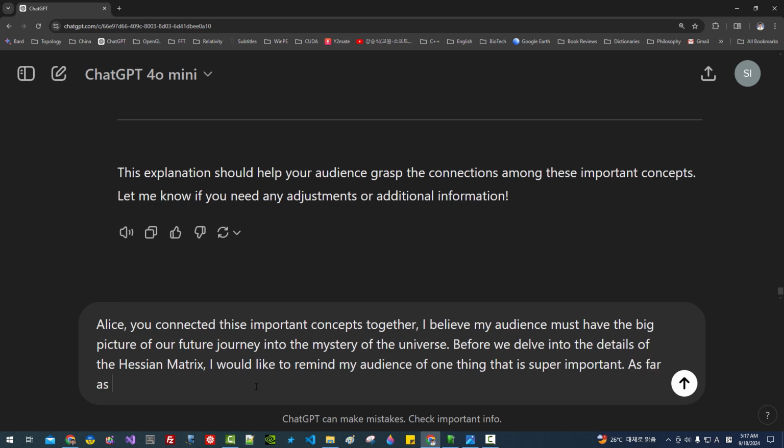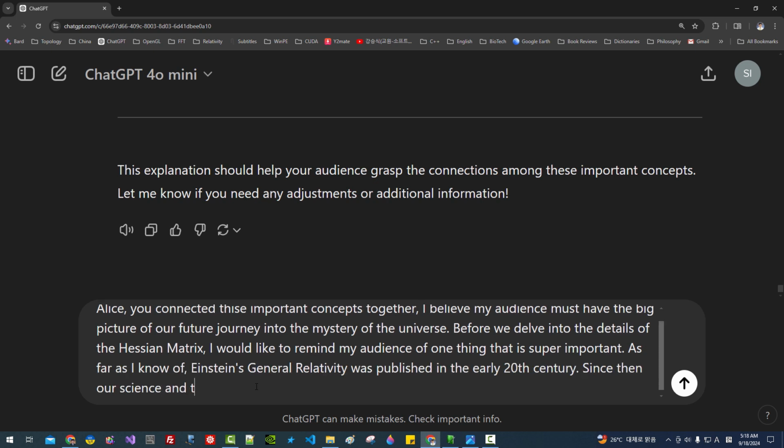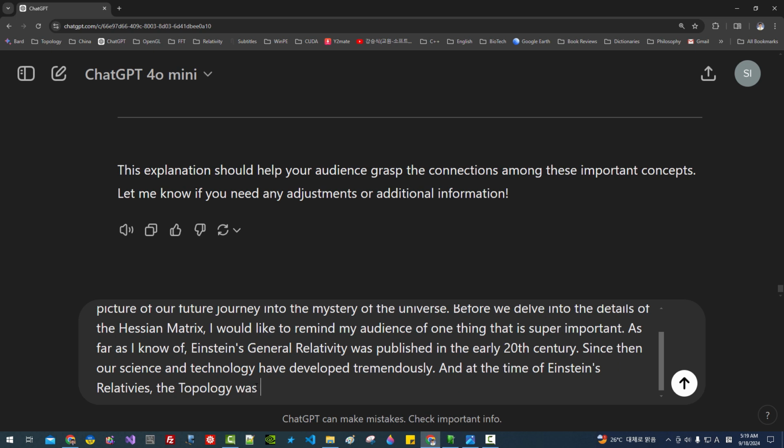As far as I know, Einstein's general relativity was published in the early 20th century. Since then, our science and technology have developed tremendously, and at the time of Einstein's relativity, topology was not very mature.